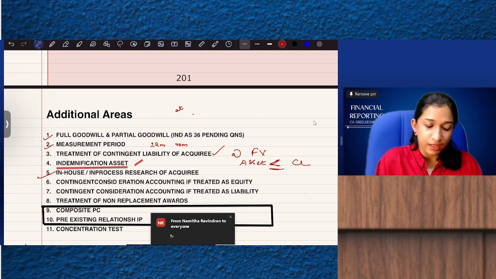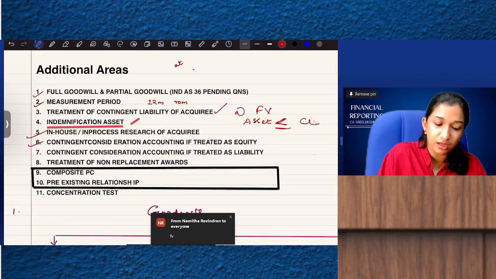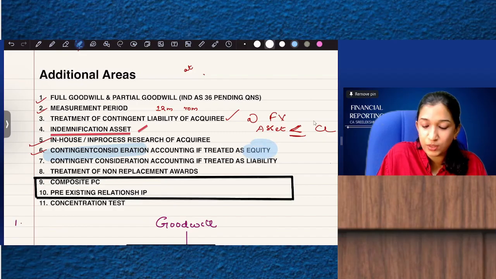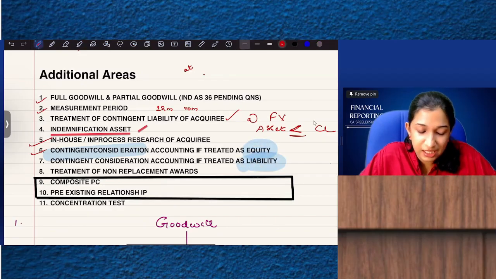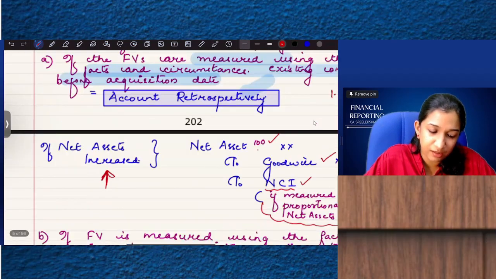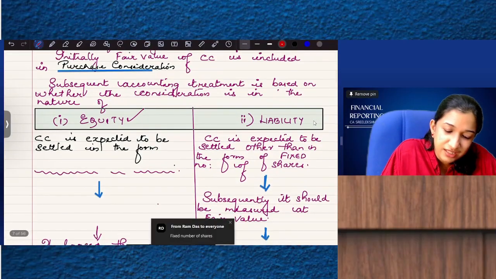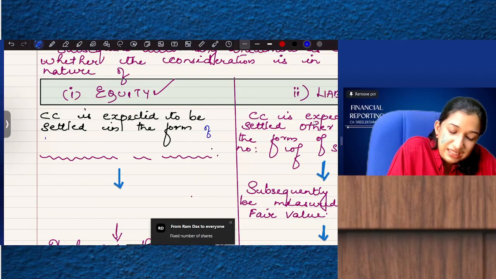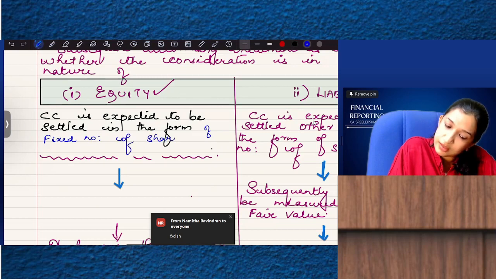Okay. Contingent consideration. Contingent purchase consideration can be treated as equity or can be treated as liability. When do you treat contingent consideration as equity? When the contingent consideration is expected to be settled in the form of a fixed number of shares.